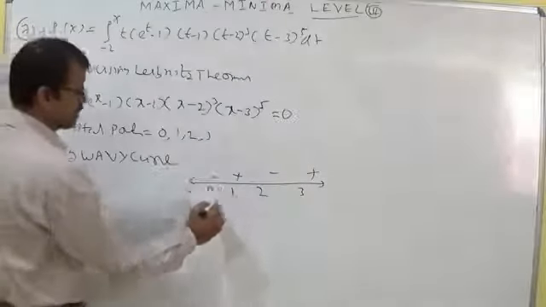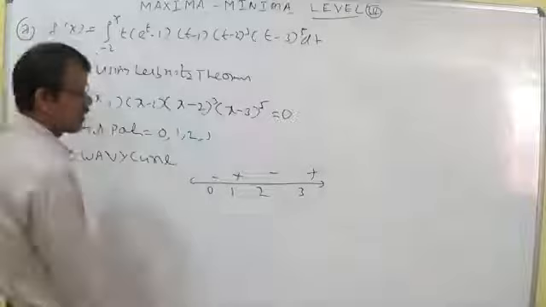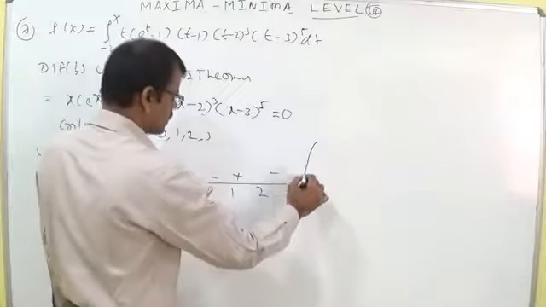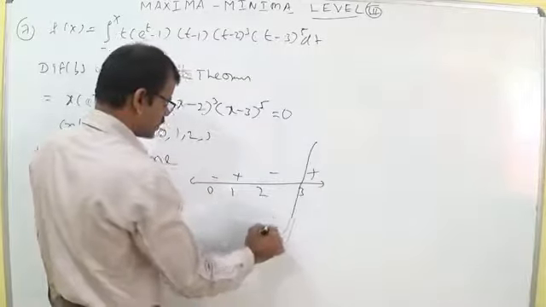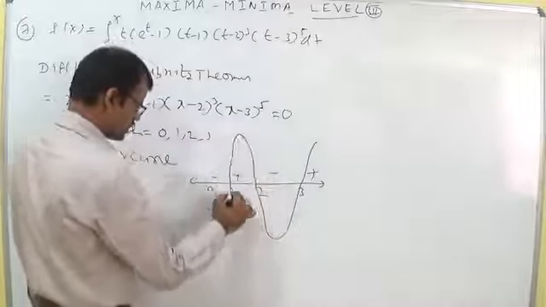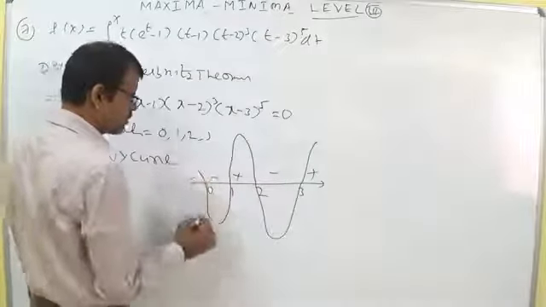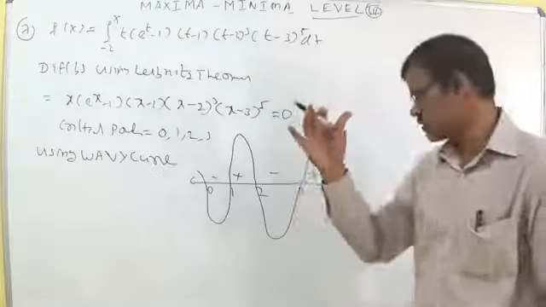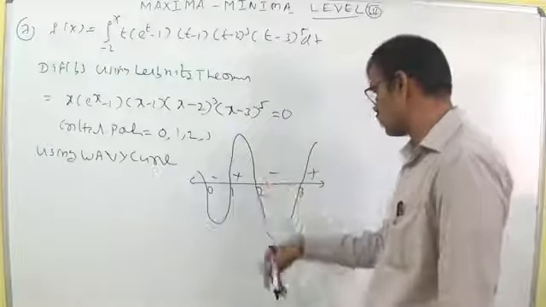Next position negative. So the graph may be here, this is the positive position. Positive to negative like this, the graph will be negative like this. This is the positive side, this is the negative side. Wherever the graph is going upwards it is max, wherever the graph is going downwards it is minimum.